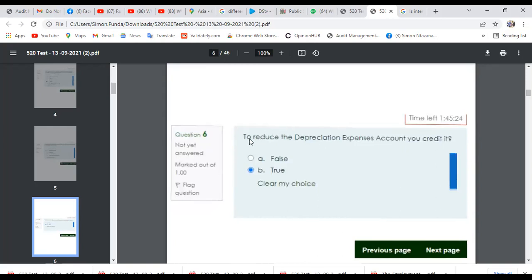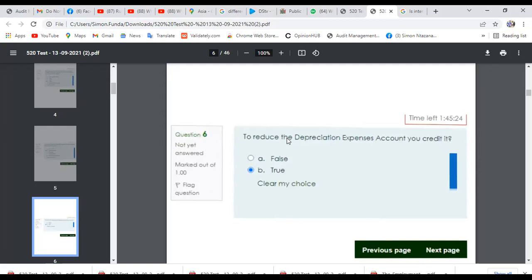Okay, then the next one is: to reduce the depreciation account, you credit it. So is it true or false? Yeah, so depreciation is an expense. And I always say that all expenses are debits. All the expenses maintain a debit balance.